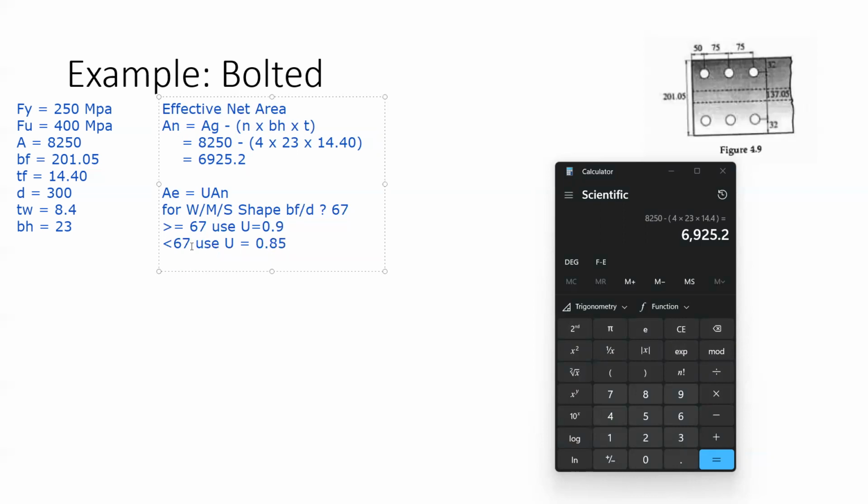So let's check BF over D. BF natin is 201.05. Our D is 300.